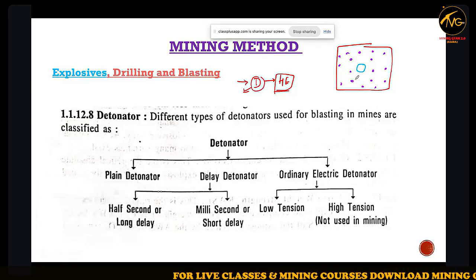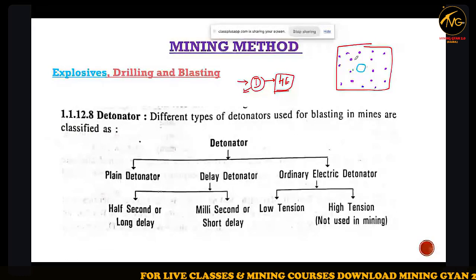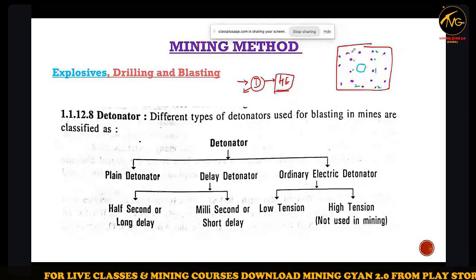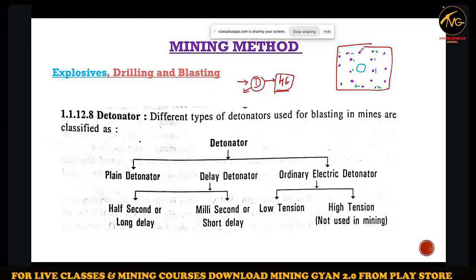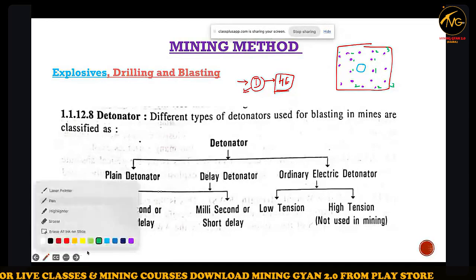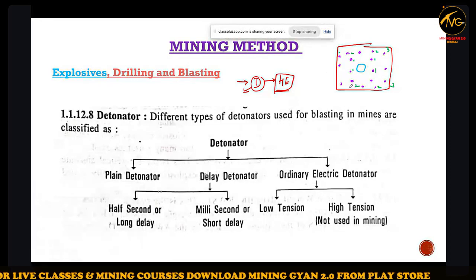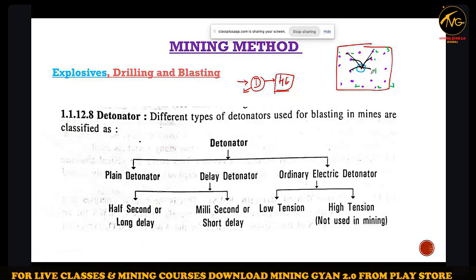So you use delays, like 1 millisecond, 1 millisecond, 1 millisecond, then 2 millisecond, 2 millisecond, then 3, 3. What it means? When we blast it, the 1 millisecond will firstly break, then second, then third, and we will get our blasted face.